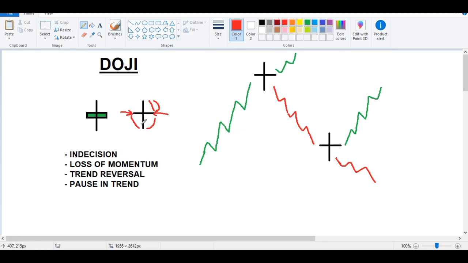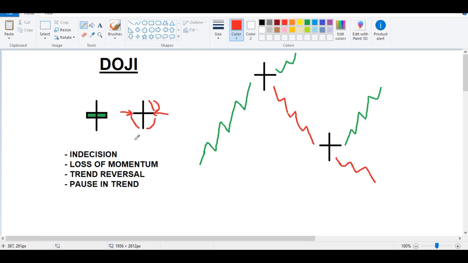There's simply a fight going on between the bulls and the bears. That is exactly what is happening here, and clearly nobody is winning the battle. Nobody's winning the war. So that brings us to the definition of a doji, which basically means indecision.